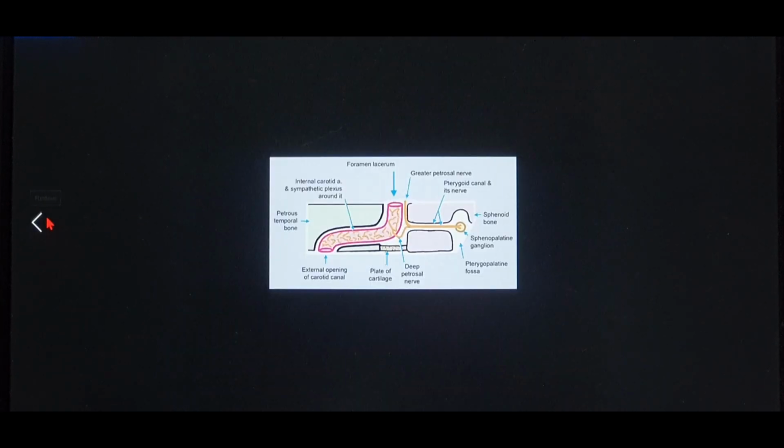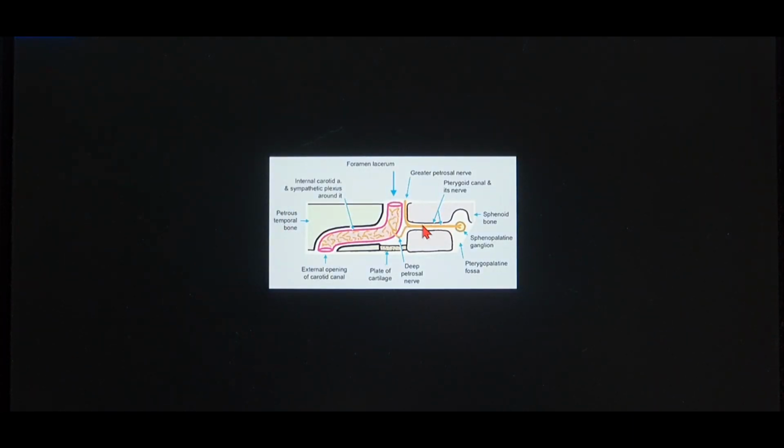Now you should also remember how the Vidian nerve actually is formed. The Vidian nerve is formed by the union of two nerves, the greater superficial petrosal nerve and the deep petrosal nerve. Now the greater superficial petrosal nerve is a branch of the facial nerve. It carries the preganglionic, now remember, it carries the preganglionic parasympathetic nerve signals.